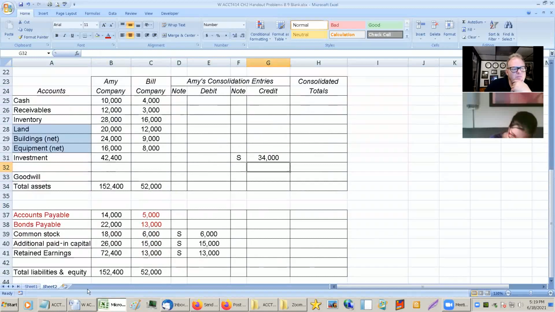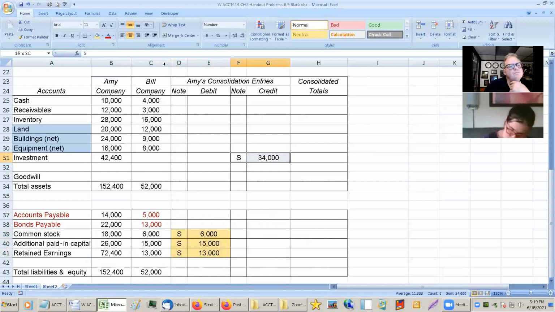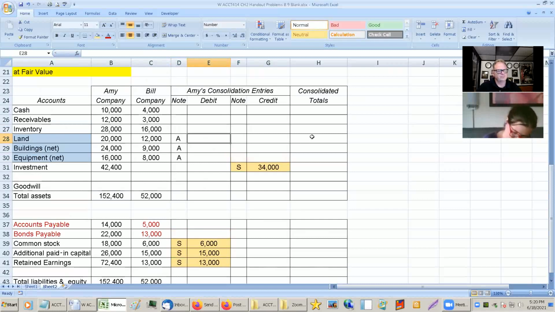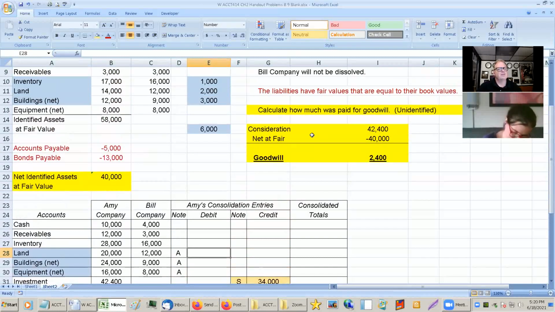All right. Okay, now assets. $1,000, $2,000, $3,000.